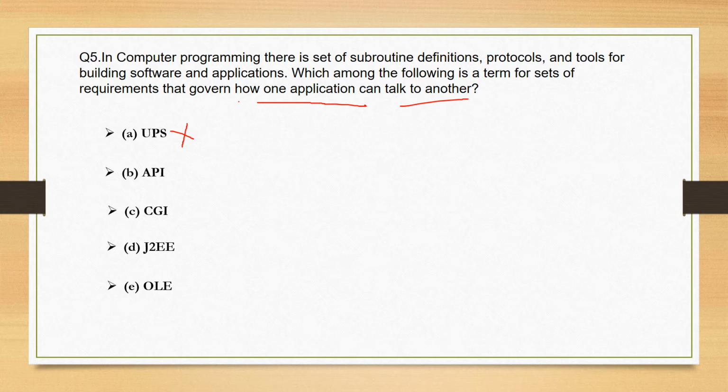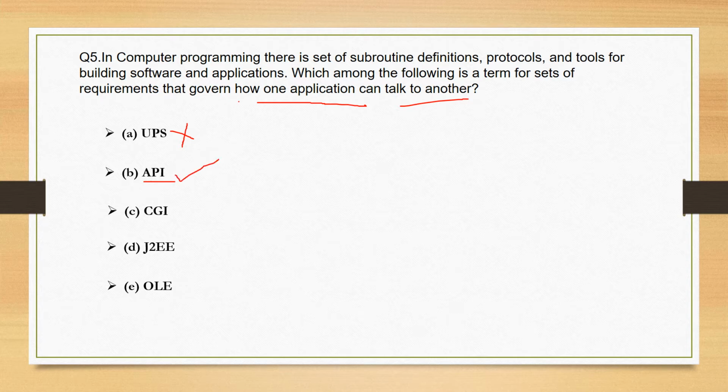This is an interface over which a program or an application, an object, will talk with another object, another application. So this is the one we were looking for. One application can talk to another. So API is an interface over which one application can talk to another application. This is the right answer.